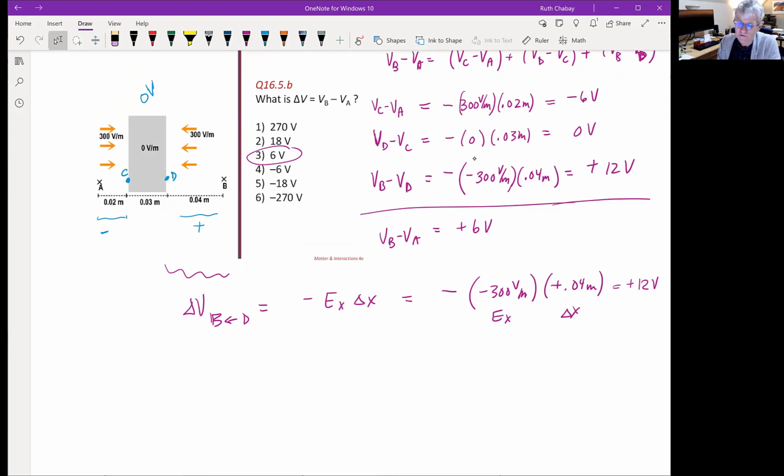But I mean, if you ran your coordinate system the other way, it wouldn't make any difference, because suppose you had plus X running to the left, then from D to B, your displacement would be negative, but the field would be positive.